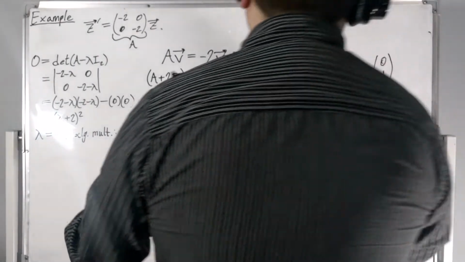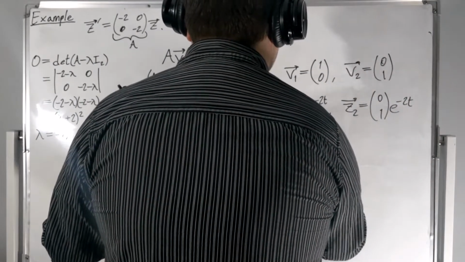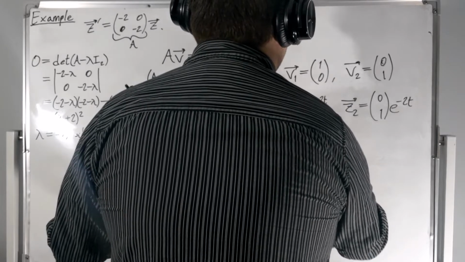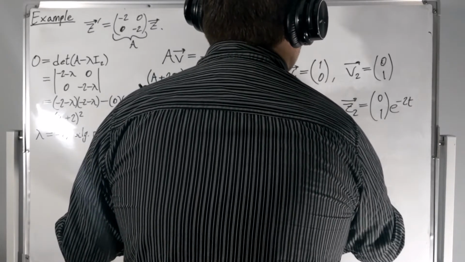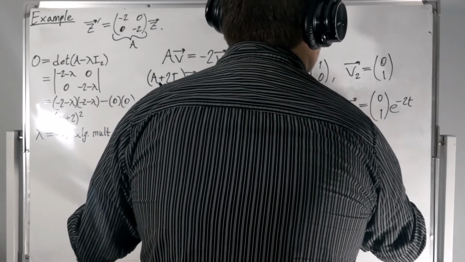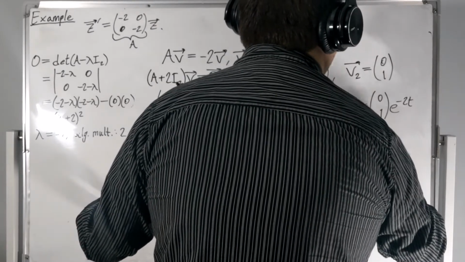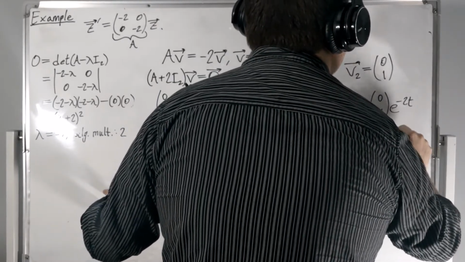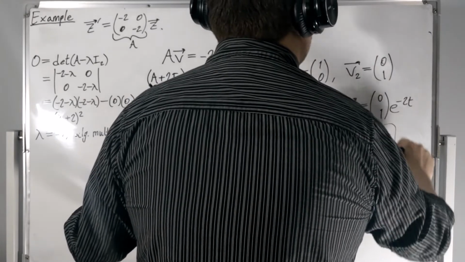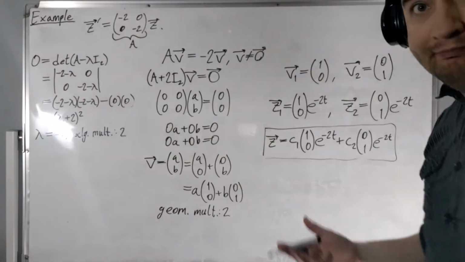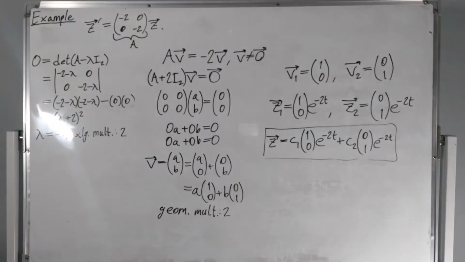And then in that case, the general solution is just going to be c1 times 1, 0, e to the negative 2t plus c2 times 0, 1, e to the negative 2t. And that's all you have to do. Okay?